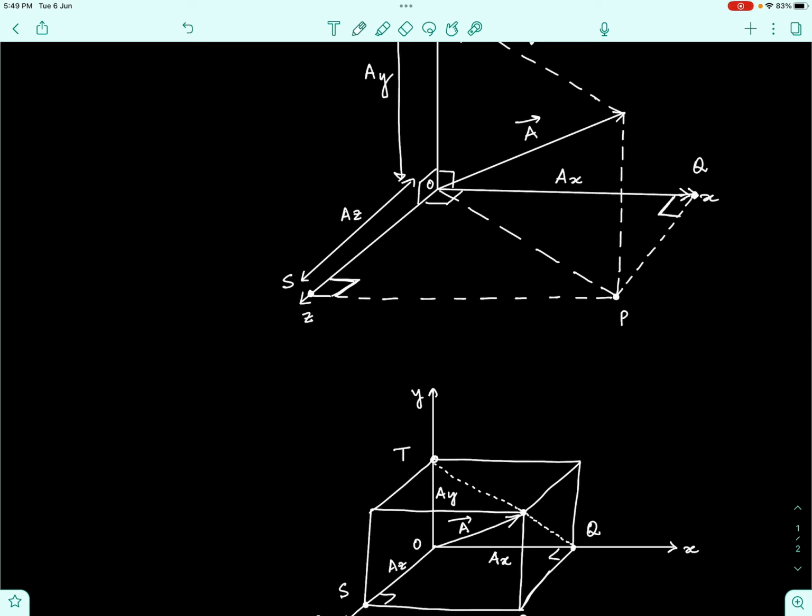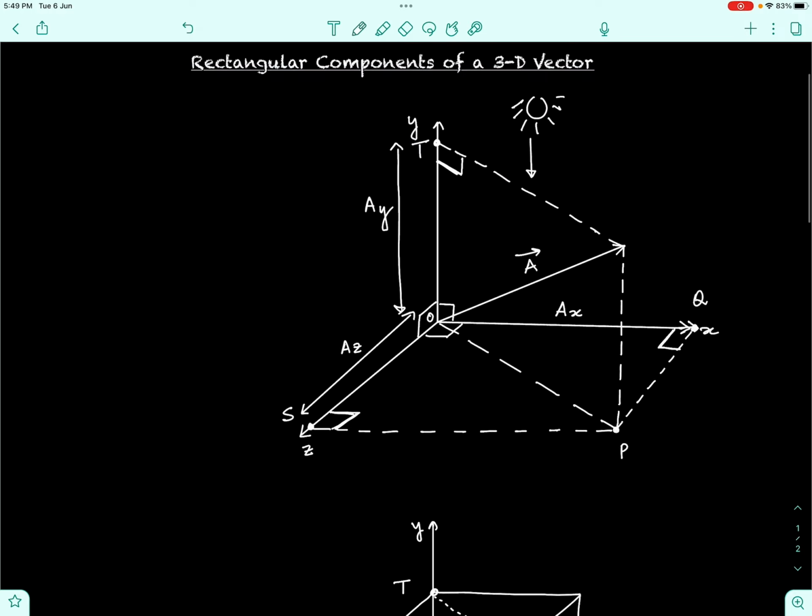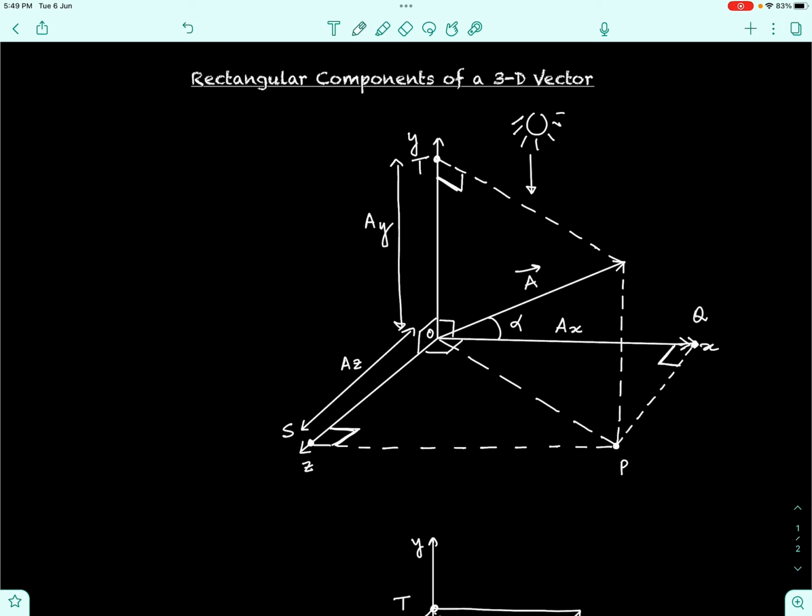And not just that, if we know the angles that the vector A makes with the x, y and the z axis, if we know that the vector A makes an angle alpha with the x axis, then we can easily, using what we have done in finding out the rectangular components in 2-dimensional vectors, we can write Ax is equal to A cos alpha. This will require the same trigonometric expressions that we have used previously.